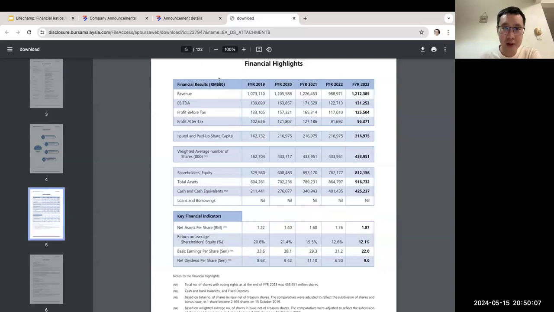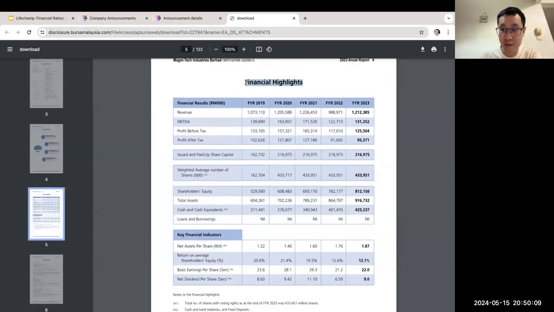Okay, so over here, you can see that certain companies have these financial highlights. So what you can do is that you can compute, you see, revenues have been given to you. Revenues have been given to you, and so is the profit after tax.